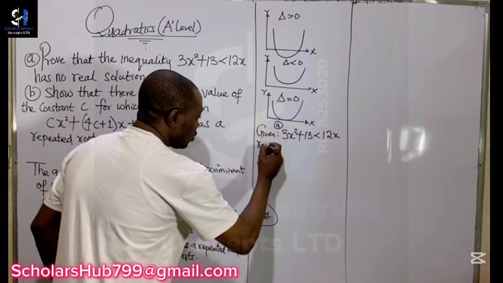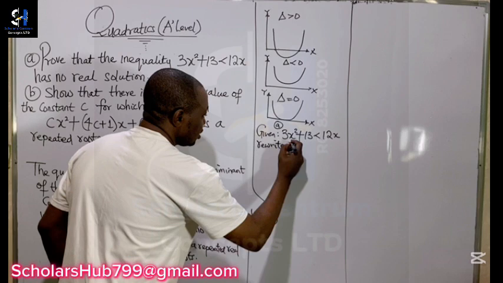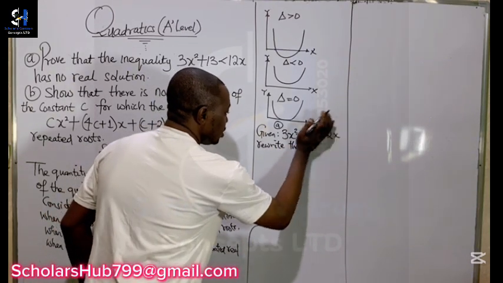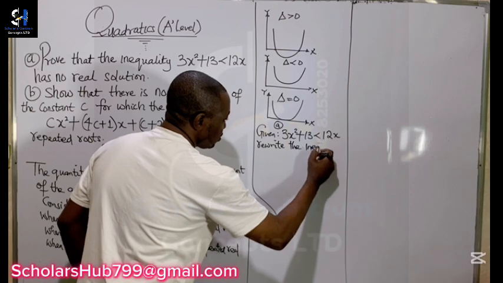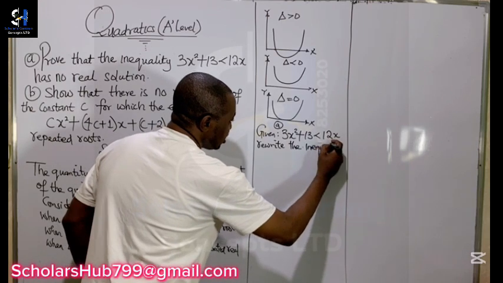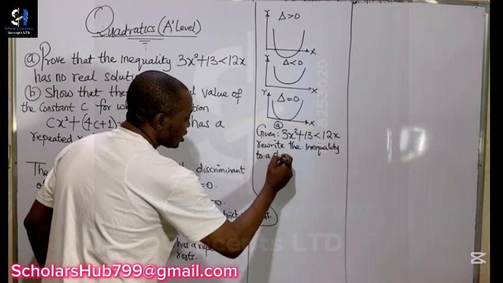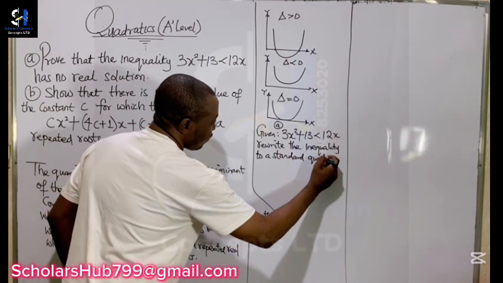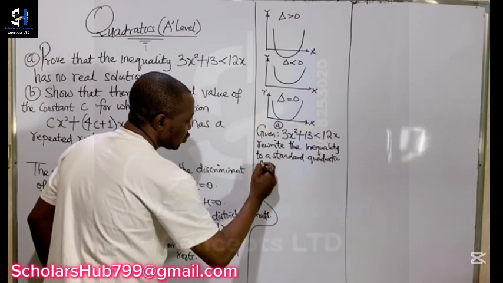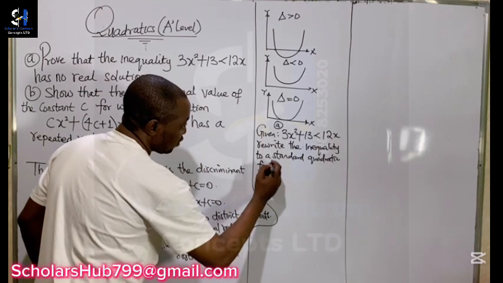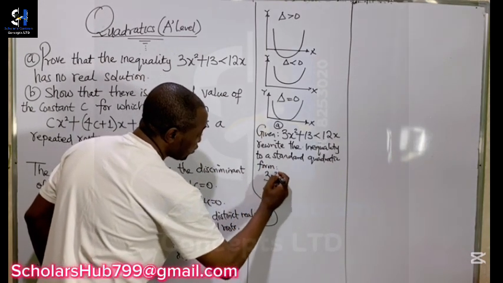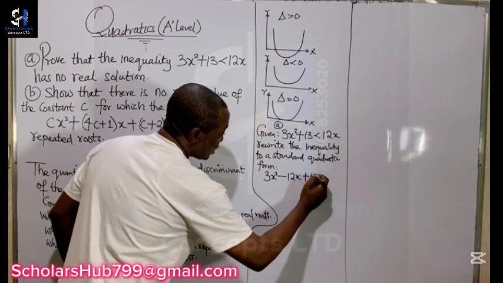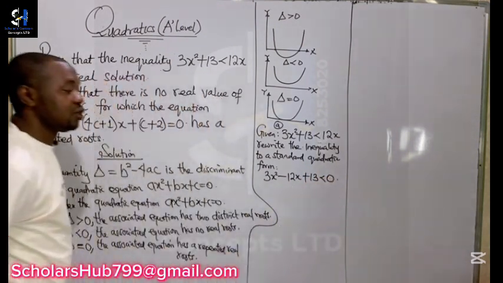Like I said, we are going to rewrite the inequality to a standard quadratic form. So that means it's going to be 3x squared minus 12x plus 13 less than 0.